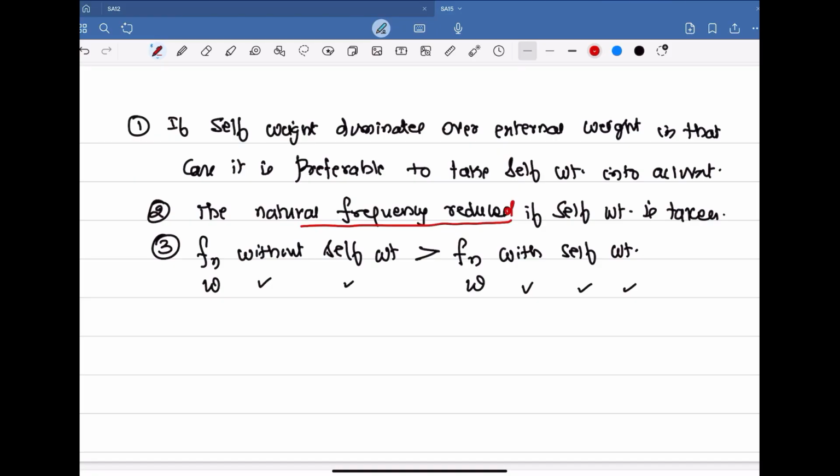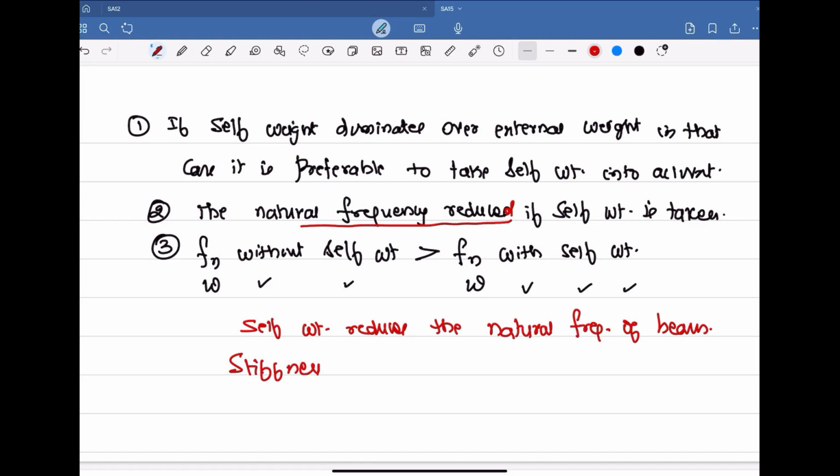What is the effect of self weight? Self weight reduces the natural frequency of the beam. That means the stiffness of the beam increases. If frequency is less, it means more stiffness is there.